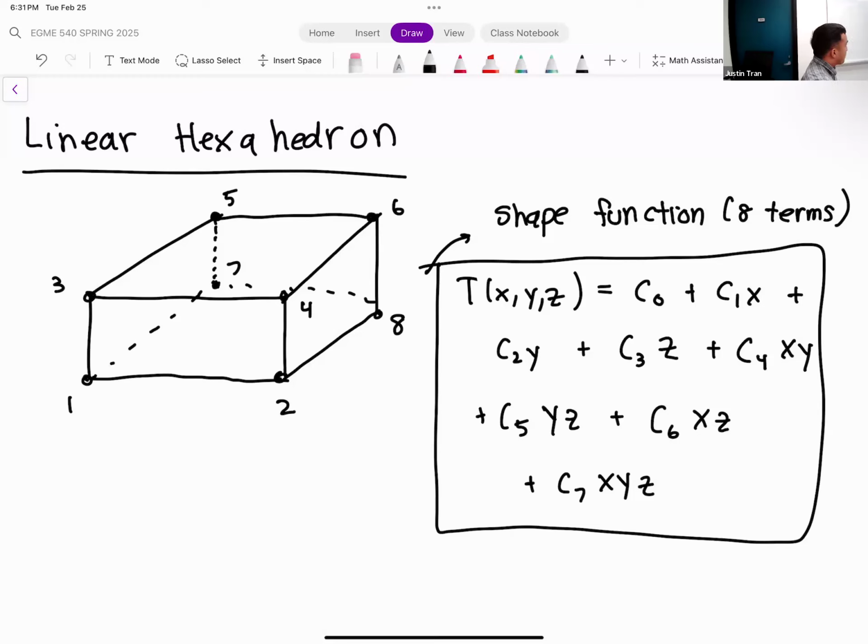Okay. So pros and cons for the linear hexahedron. The most obvious con is the shape, and so it's sometimes a lot more difficult to mesh a geometry with hexahedrons.